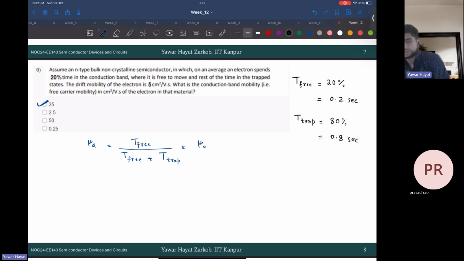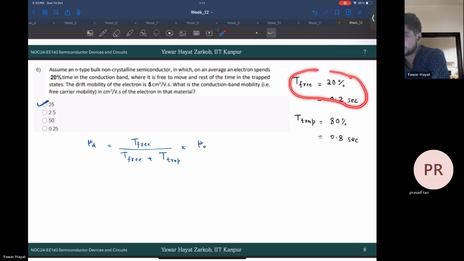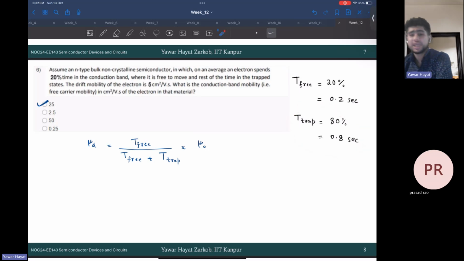I took 20% of 1 second and similarly 80% of 1 second. Even if you would have taken 20% of 2 seconds and similarly 80% of 2 seconds, the two and two would have been factored out and you would have been able to cancel that. I hope that's clear. That's why I did the calculations for 1 second, because that would make the calculations relatively easy.